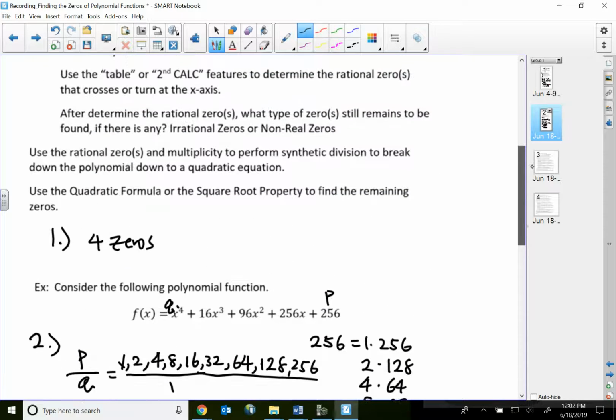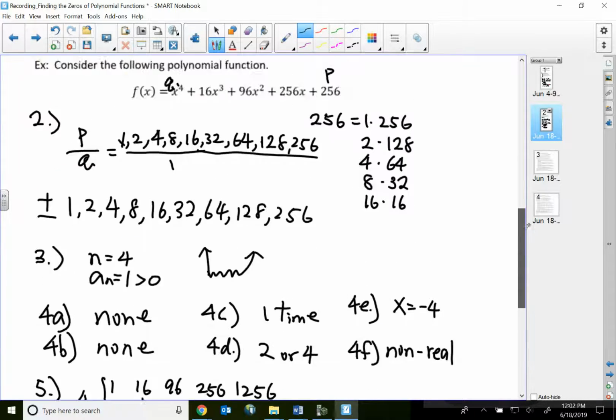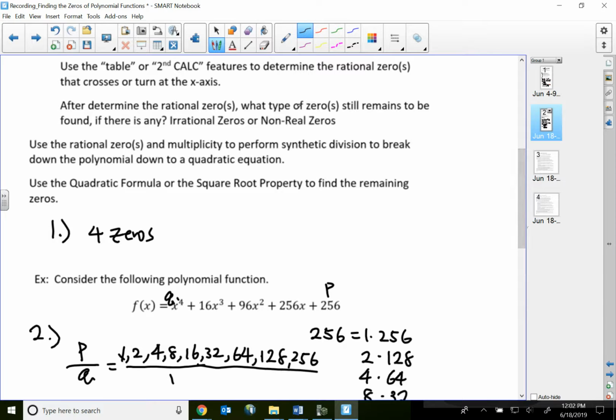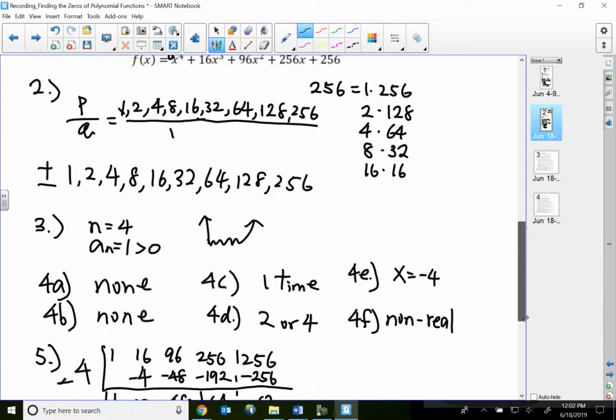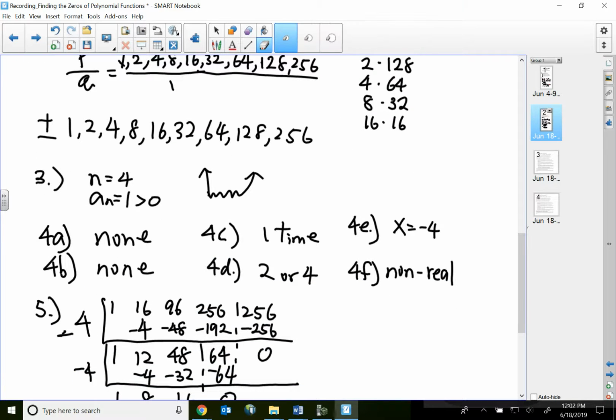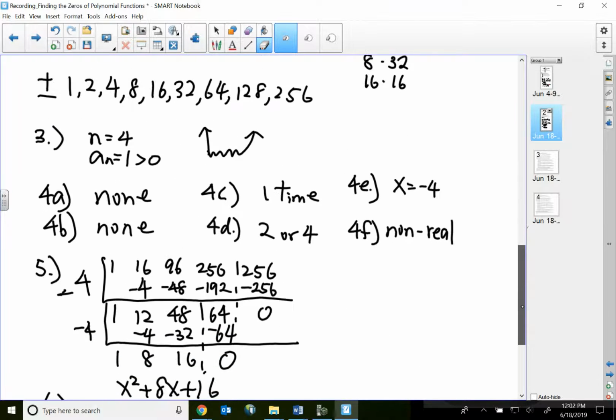So back to 4f. After determining the rational zero, what type of zeros still remain to be found, if there are any? We need to come back and say the other 2 zeros to be found are actually none, because the other 2 zeros turn out to be exactly the same as the one I found in 4e.